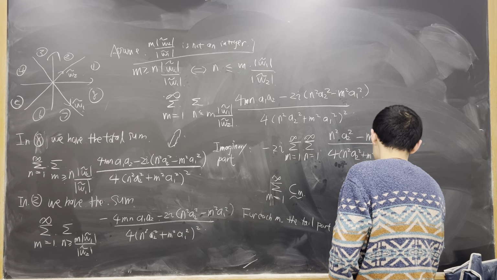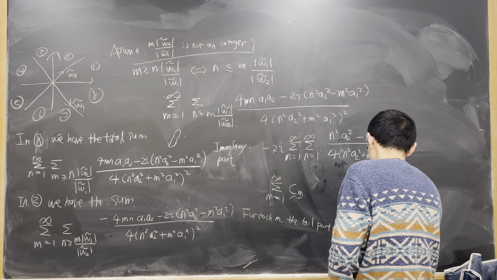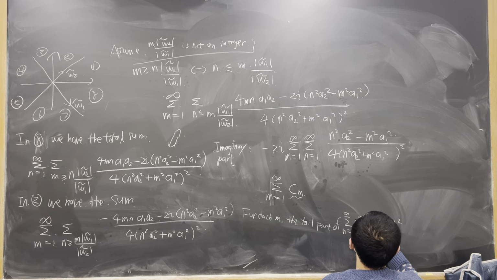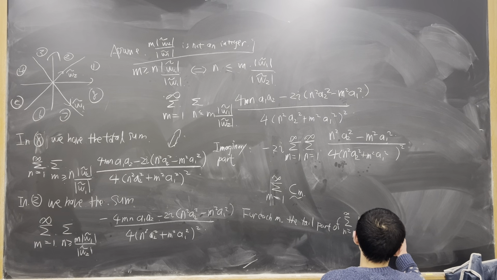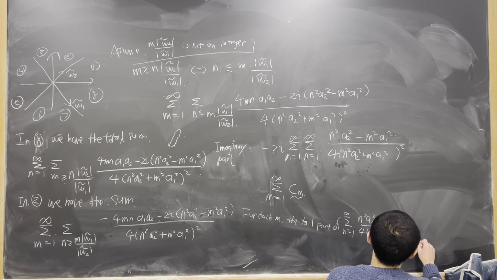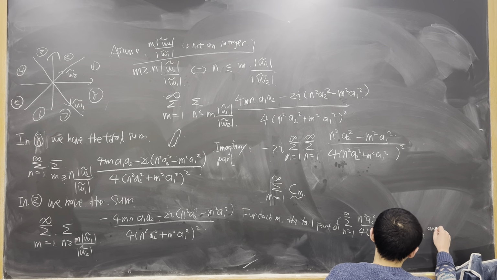Yeah, the tail part of the sum over 4 n square a square plus n square a1 square are all positive, okay.